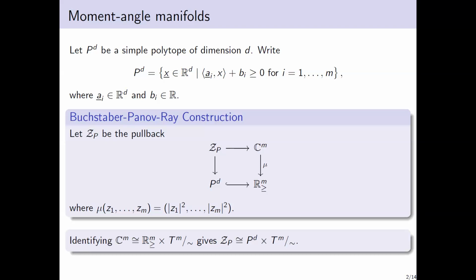On the other hand, we can also identify C^m as a quotient space from R^m greater or equal to 0 times the torus T^m, the m-dimensional torus. Here T^m means a compact torus of dimension m. I want to give you an idea of how this identification works. For example, we can take m equals 1.